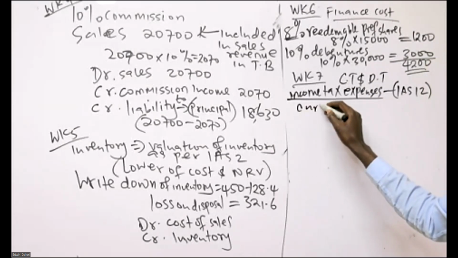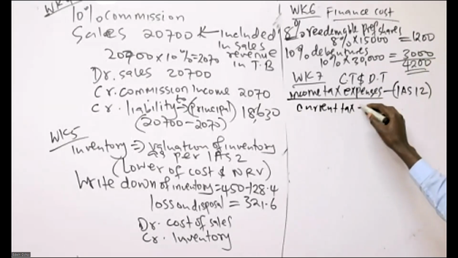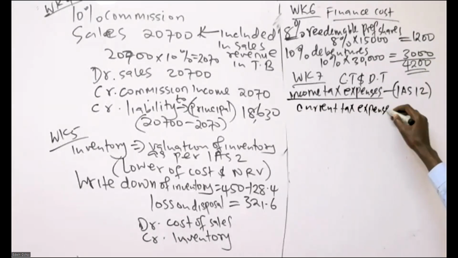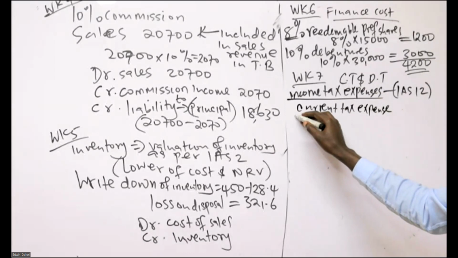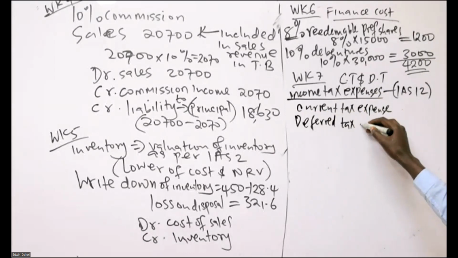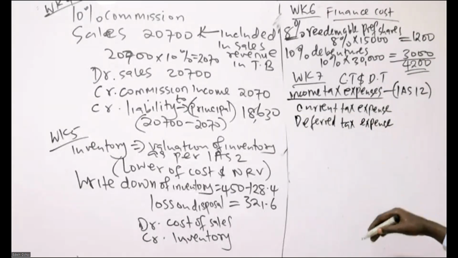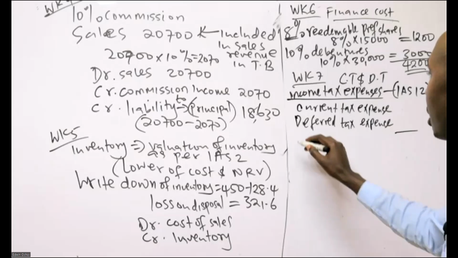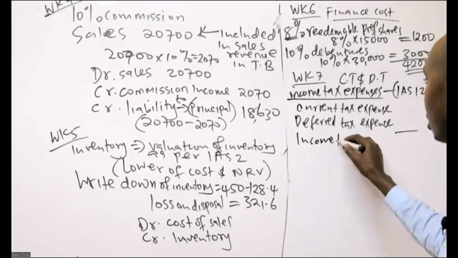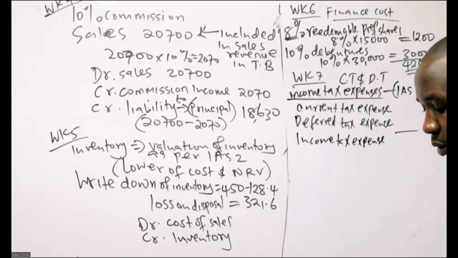We need to know the current tax expense and the deferred tax expense so that we have the income tax expense.